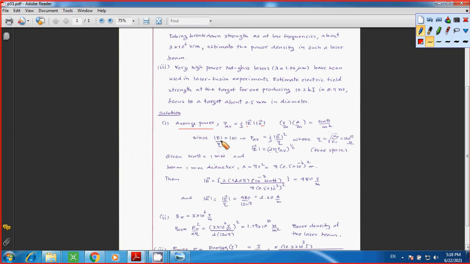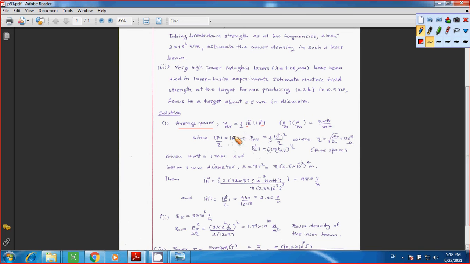Since E over eta equals H, you can compare to your circuit: E has the unit of volt, volt divided by ohms, or V equals eta H. That means H has the unit ampere, and eta has the unit ohm, just like Ohm's law, V equals IR.